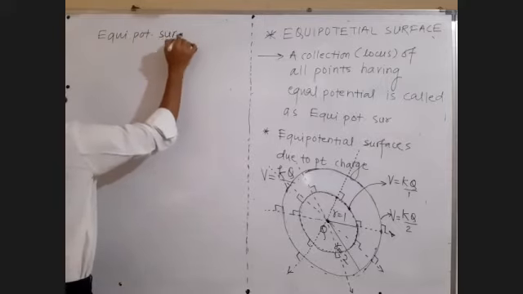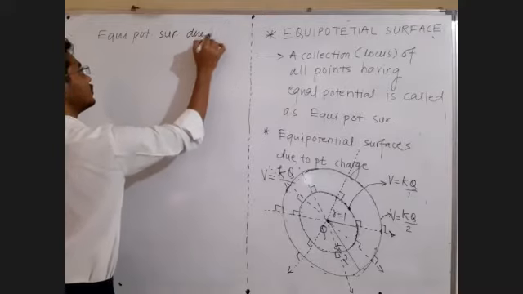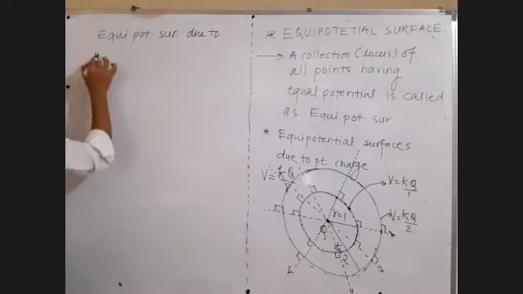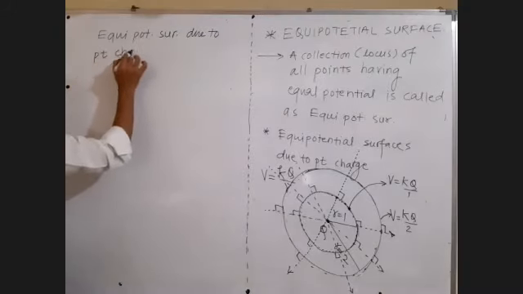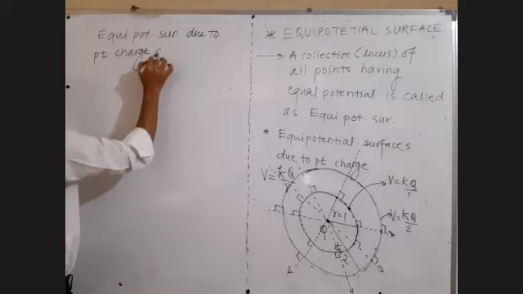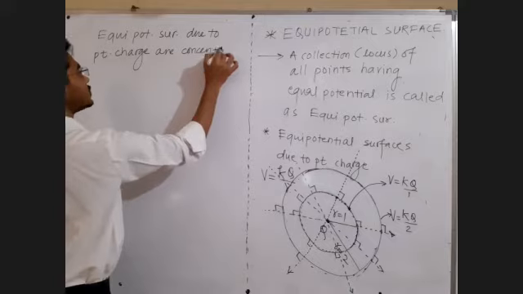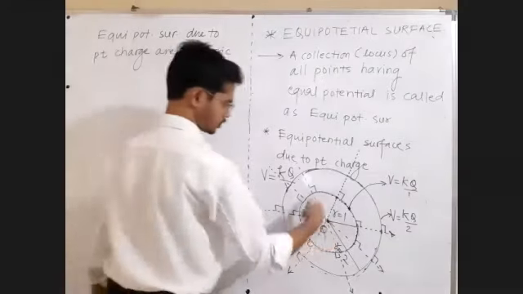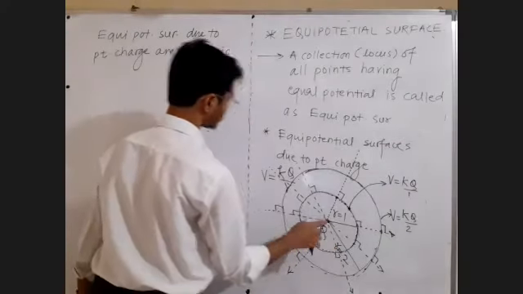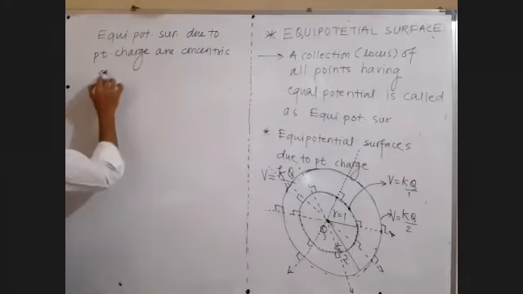Concentric means having the same center. All these spheres will have the same center.